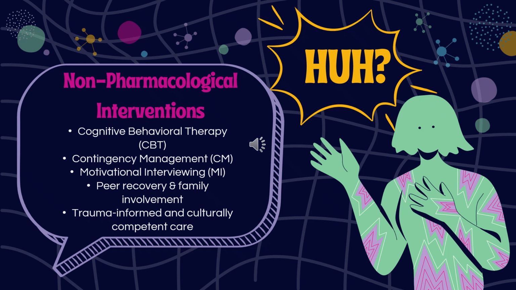Motivational interviewing aims to boost intrinsic motivation and resolve ambivalence about change. Trauma-informed care and family-based therapies promote emotional healing, strengthen relationships, and increase long-term stability. When these evidence-based therapies are combined with medication-assisted treatment, patients report higher treatment adherence, better coping skills, and longer-lasting sobriety.